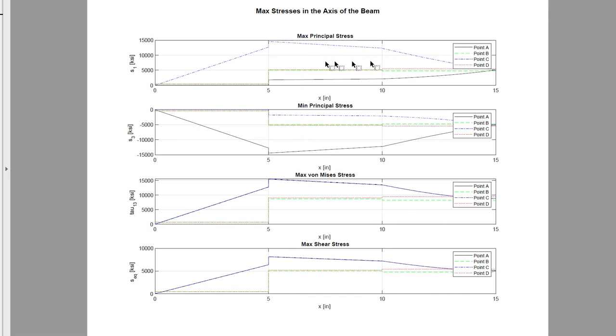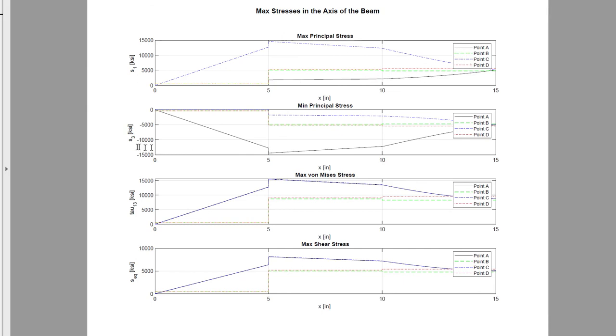Point A and point C stresses are higher than the stress distribution across the rest of your domain for points B and D. So you know this is still the most critical one. According to my maximum stress, point C is critical.